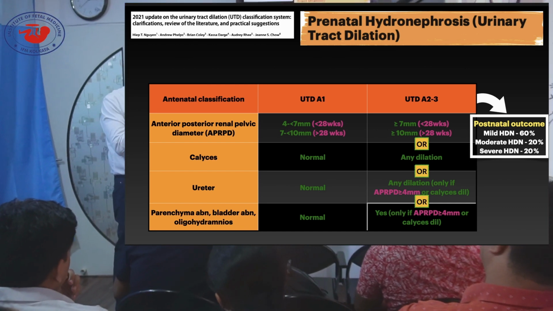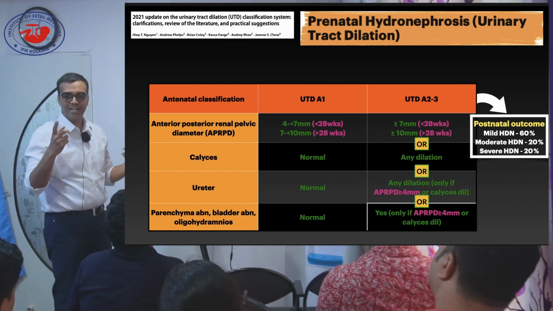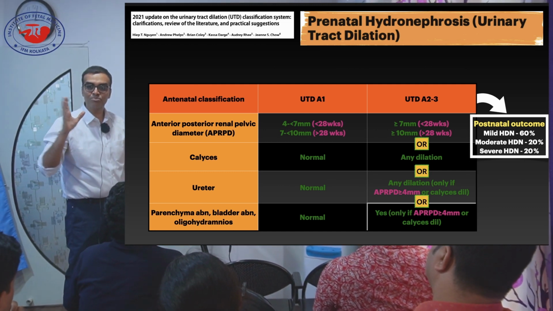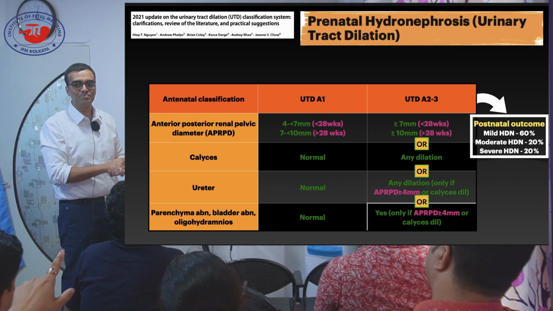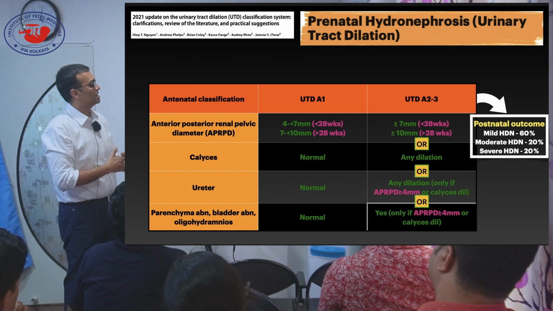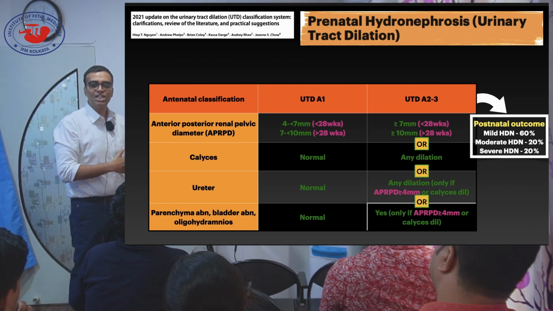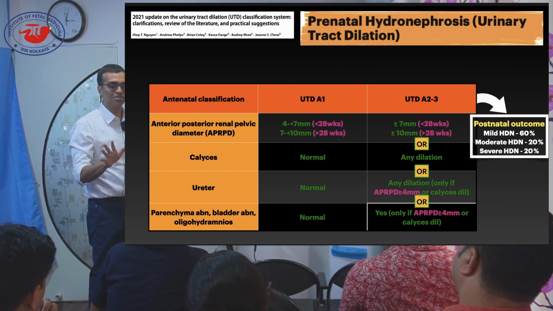That's why I put it up as a dilemma. That was some learning which even I never came across, but when I was preparing the talk, I saw that they are not including LUTO because of the bladder abnormality mentioned in this classification. In LUTO, we find a dilated bladder with a 2 to 3 kind of scenario, but in that paper they say you should not use it.